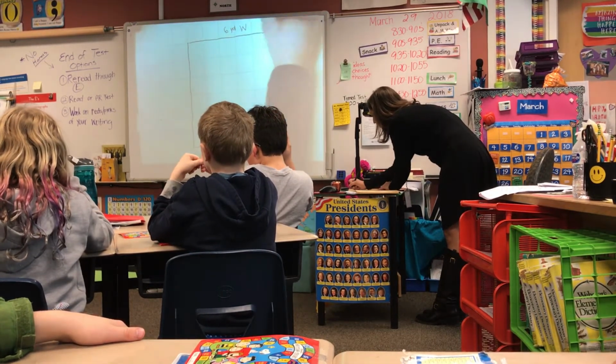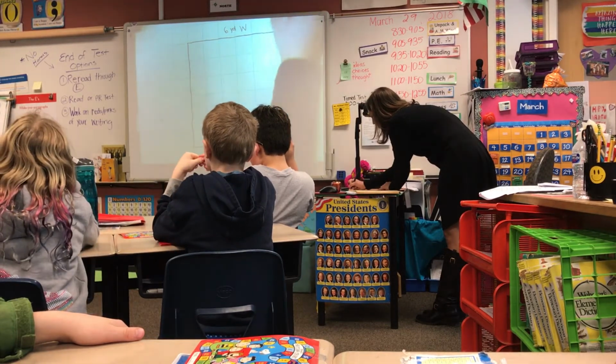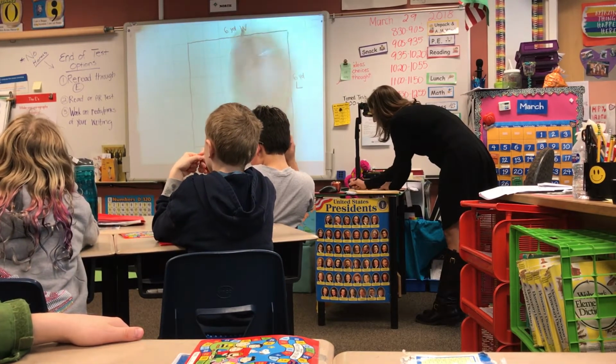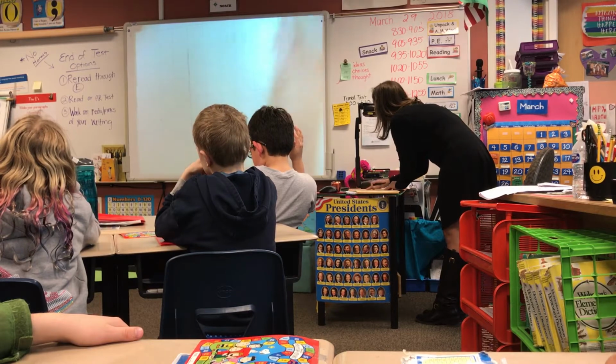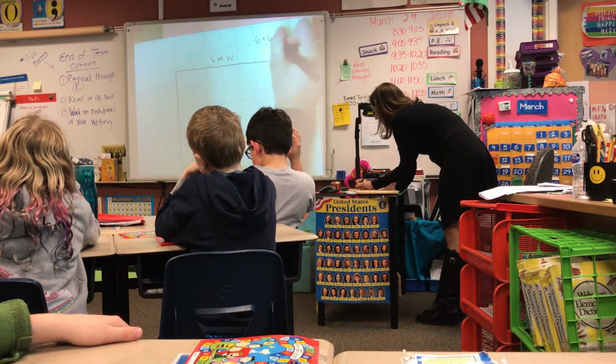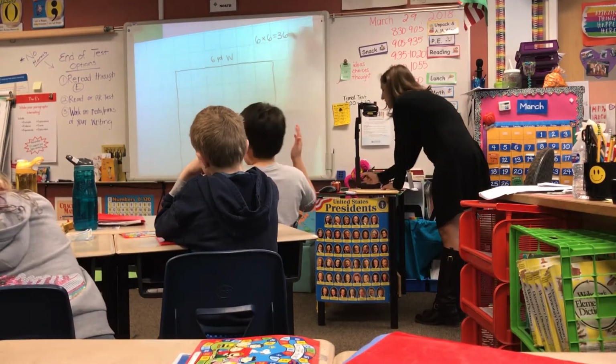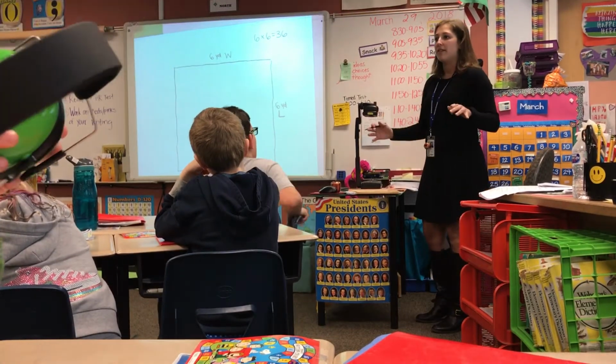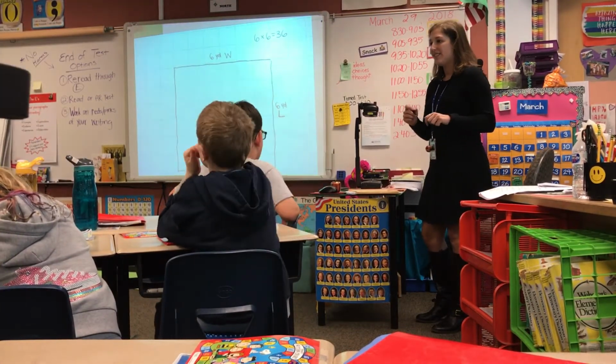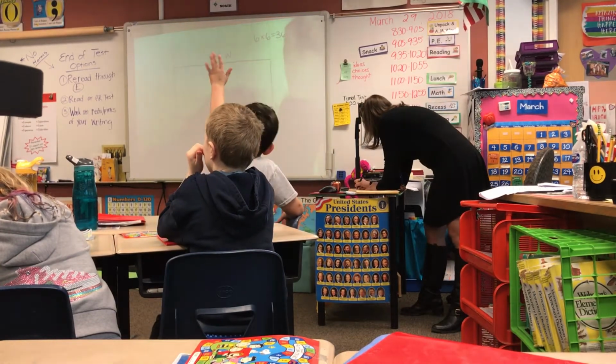We're going to take our L, 6, times our W, 6. And what does that equal? 36. And if this is all yards, what would the area be? Ethan. Square yards. Square yards, 36 square yards.